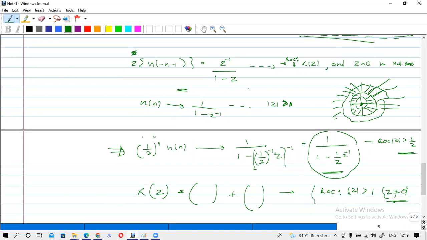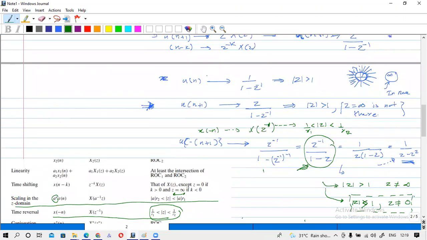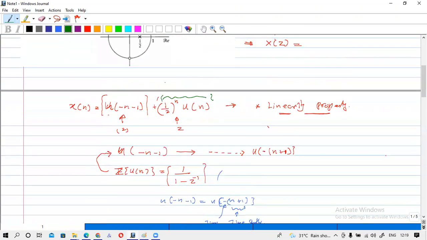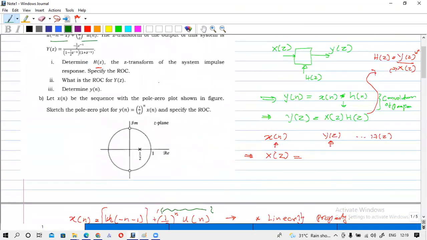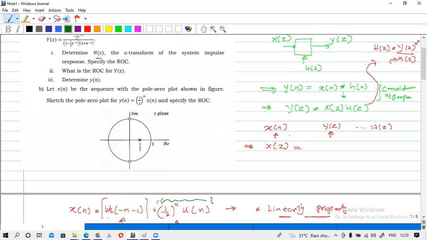So I hope it is clear. Now I think it is very easy. You have to determine the XZ. What you have to do is divide.